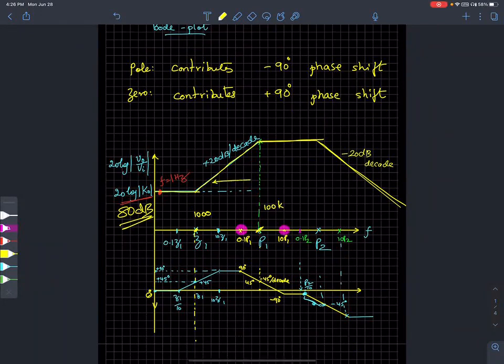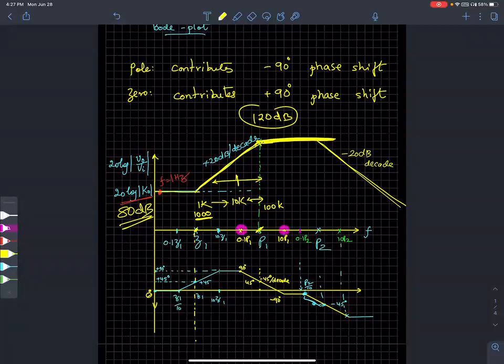So that means there are 2 decades in here. 1K to 10K is a decade. 10K to 100K is another decade. So it's going to rise by 40 dB, right? 20 dB per decade. So you're going to have 120 dB at this frequency.